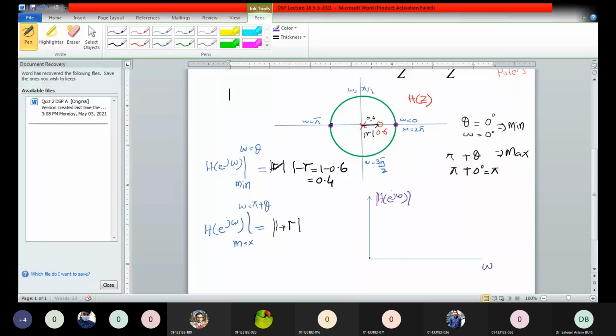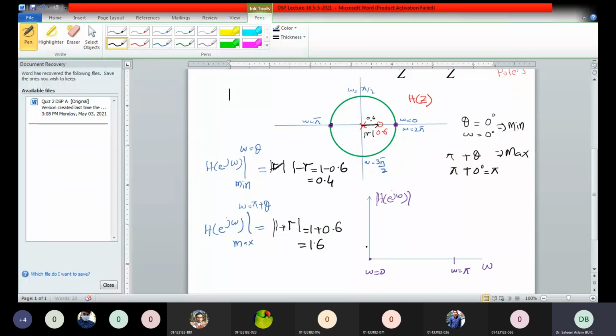One is omega equal to 0, and the other point is omega equal to pi. So we can see the minimum and the maximum value of this function at omega equal to 0 and omega equal to pi. Its minimum value is 1 minus 0.6, which is 0.4, and the maximum value is 1 plus r. 1 plus 0.6 is 1.6.